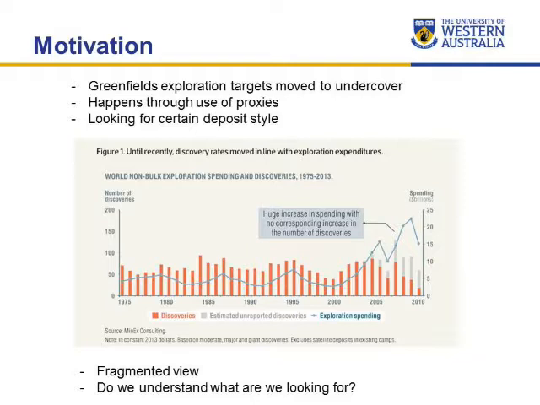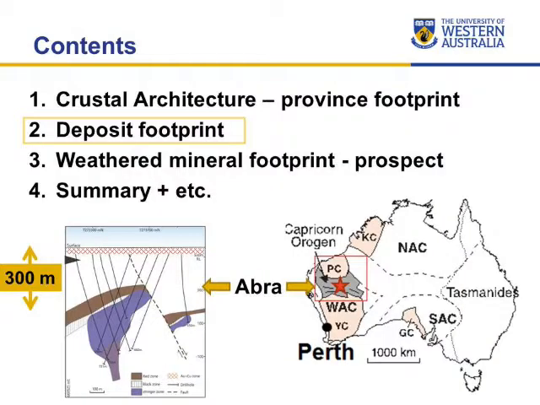I'm going to talk briefly about the crustal architecture. Abra is situated in the Capricorn Orogen between the Pilbara Craton and Yilgarn, in the Edmund Basin. But I'm just going to show the key elements of the architecture part of my thesis.